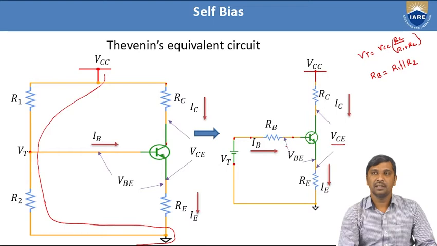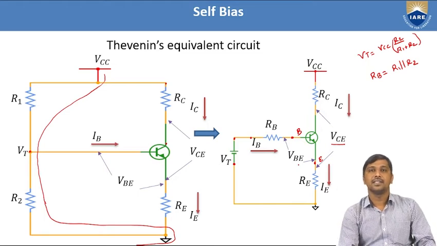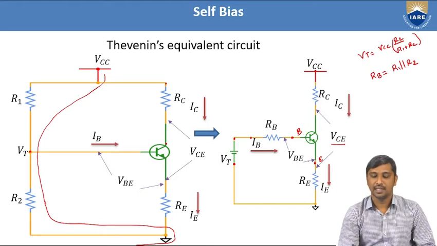Across the emitter base junction, between the base terminal and the emitter terminal, the voltage drop is VBE, also called the potential difference between base and emitter.